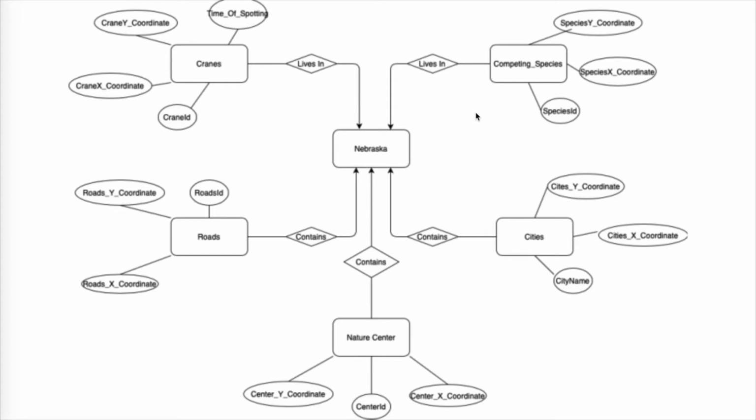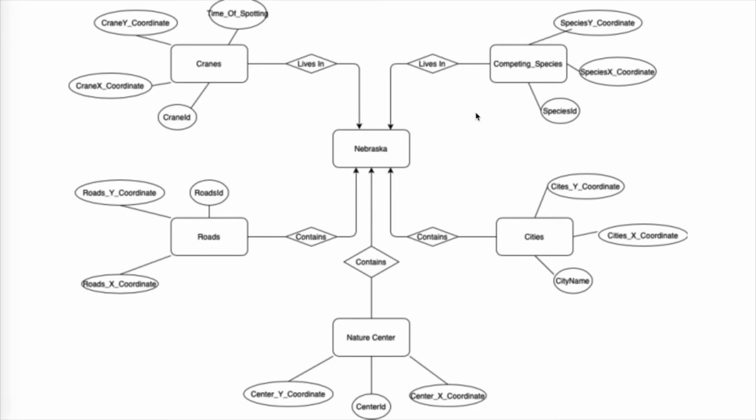The species dataset contains the data on competing species. Cities, roads, and nature centers are all locations within Nebraska. The relation between cranes and Nebraska is lives in, as is the relation between competing species and Nebraska. For the locations, they are all contains relations with Nebraska.